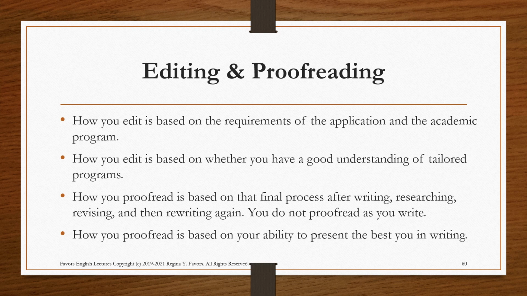So when you are editing and proofreading, you want to make sure that you have tailored that individual personal statement to that particular institution, to the amenities of that institution, and the program itself. And so then when you are proofreading, you want to proofread for grammar, punctuation. It's a very clean final draft.